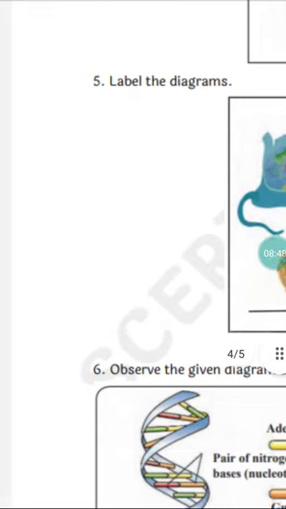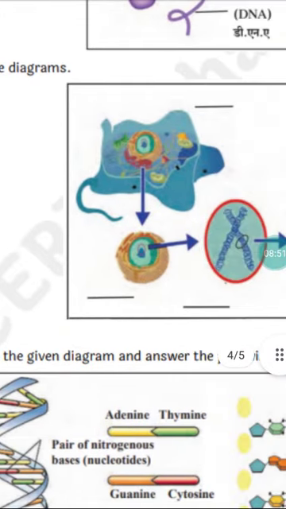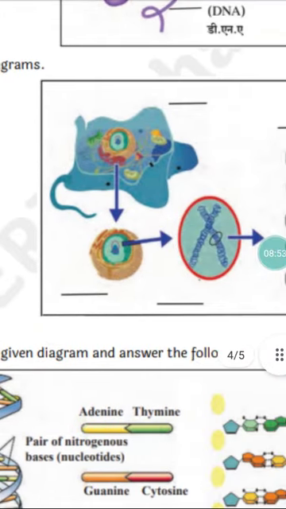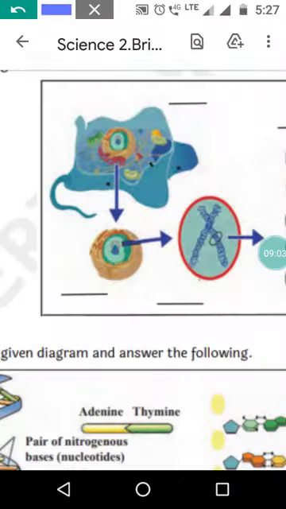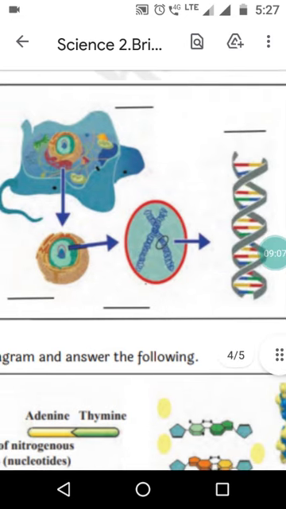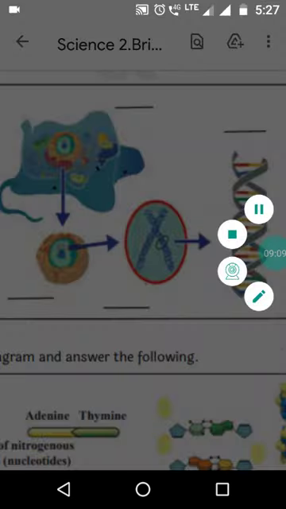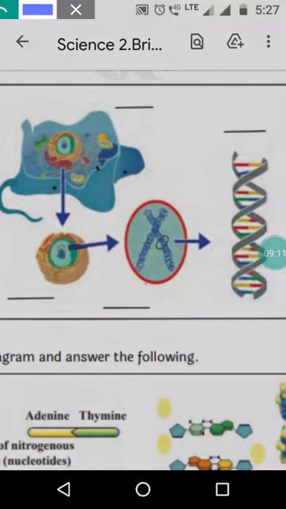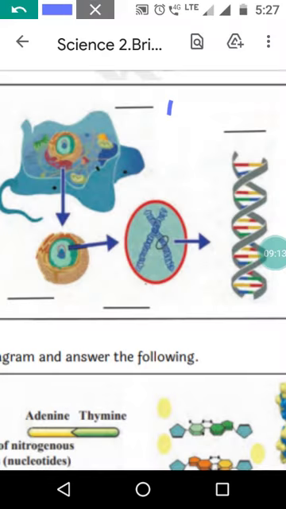Okay, now the next label the diagram. This diagram is also given on page number 182. How can you label it? The first one, you write here cell.